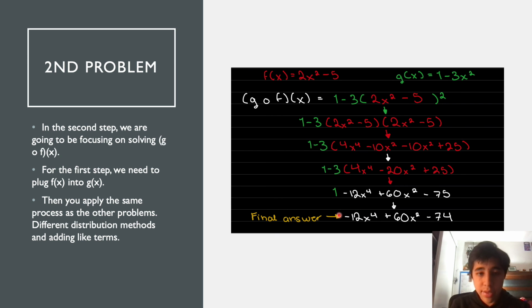Then we just add or subtract any like terms, and the final answer will be negative 12x to the 4th plus 60x squared minus 74.